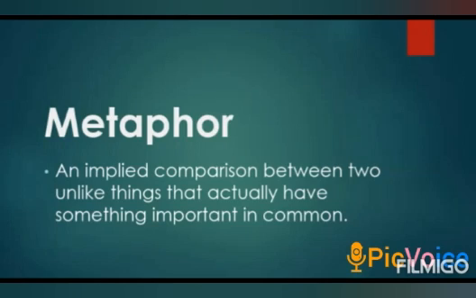So metaphor is the comparison of two unlike things, and we do not use like or as in metaphor. This is the difference between metaphor and simile. In simile, we use like or as, but in metaphor, we do not. Both are comparisons of one thing with another.